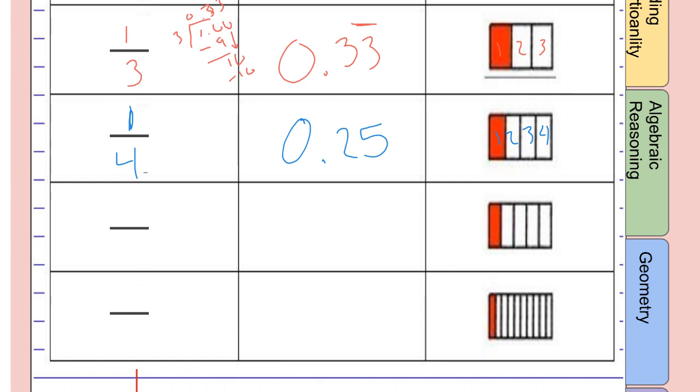Okay, so think about it. 4 quarters equals a dollar, and each quarter is equal to 25 cents. If I have 4 of them together, it would be equal to 1 whole, and individually they're equal to 25 cents.